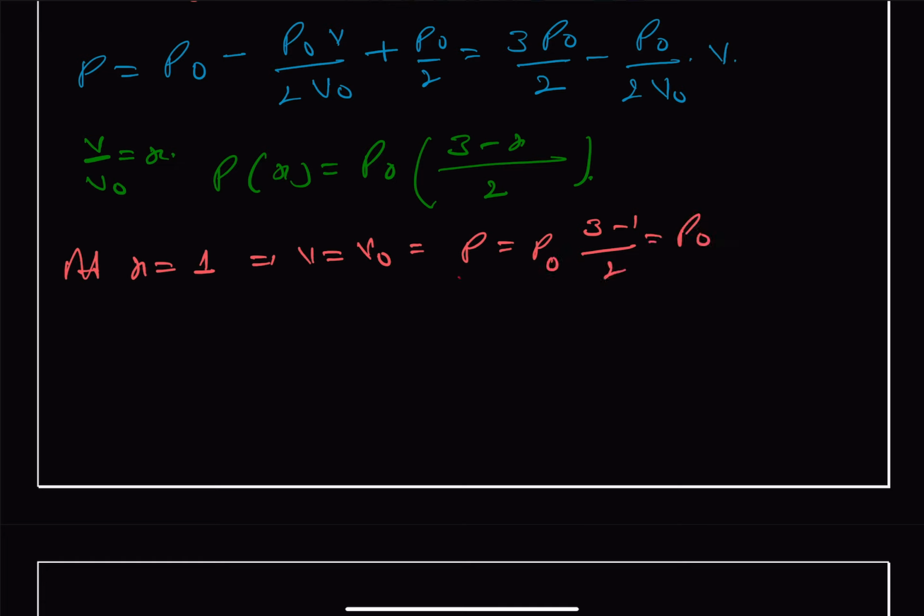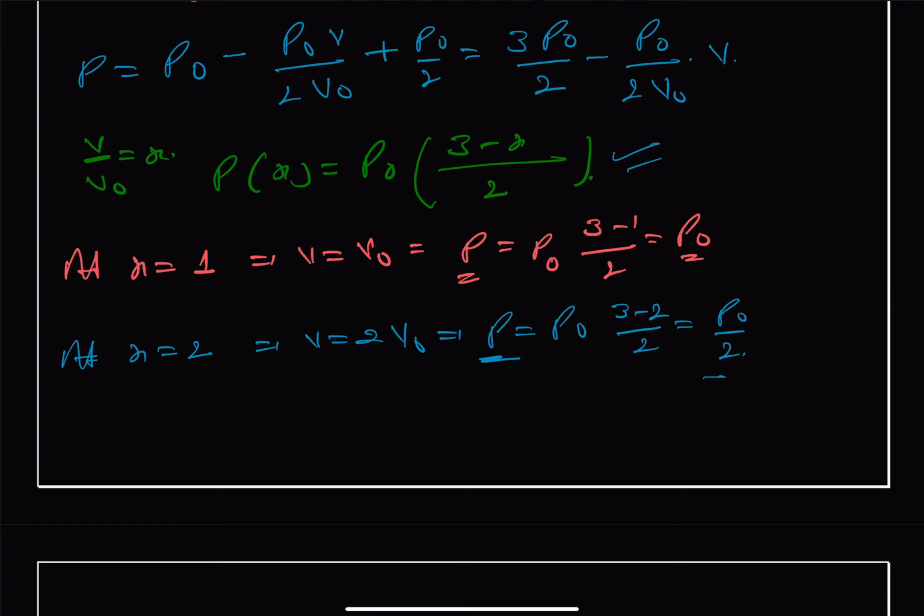Similarly, at x equal to 2, we are having V equal to twice V naught. Therefore P is equal to P naught times 3 by 2 divided by 2, which comes as P naught divided by 2. So this relationship is holding, which means this equation is the correct one.